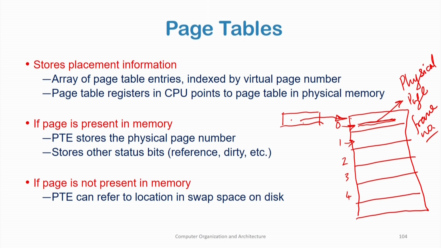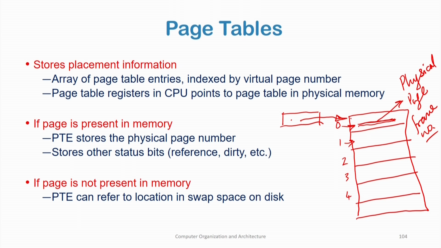So, the data and code of this process are in physical memory, and the page table of this process, which maps virtual page numbers to physical page numbers, is also kept in physical memory. Each process has its own page table.